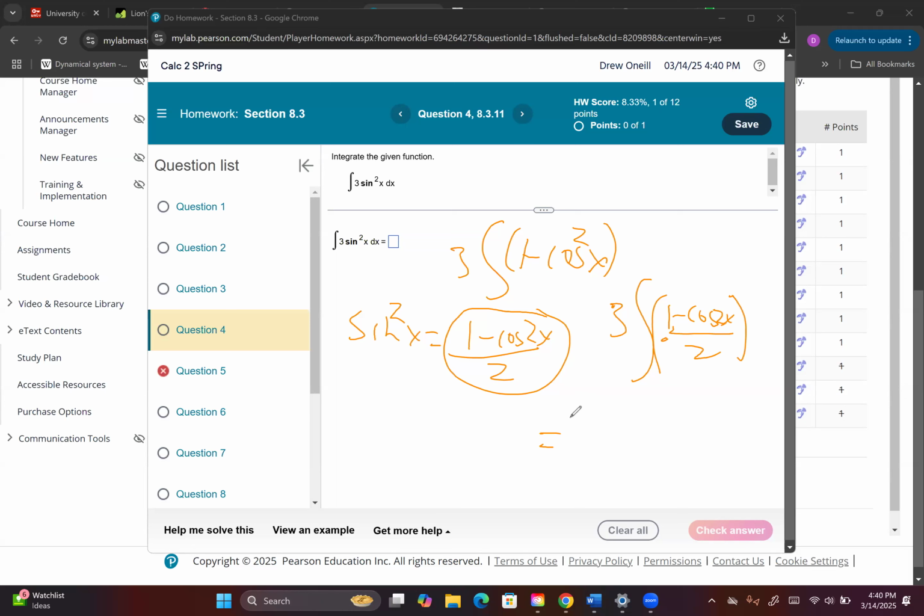Okay, so maybe we write it as 2 integrals. We say 3 half minus 3 antiderivative cosine 2x over 2. And this is just a u sub for u is 2x. So make sure, if you're trying to do this problem, make sure you can do this one.